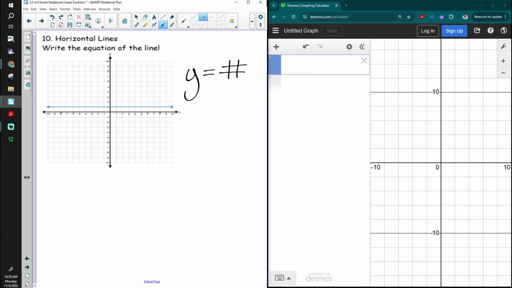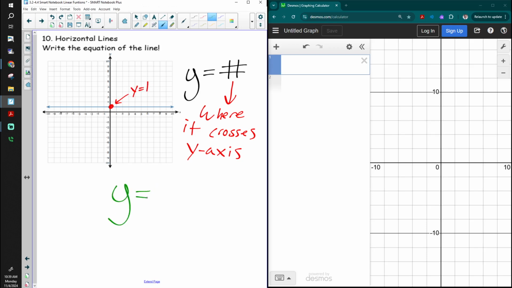So here, where it crosses the y-axis, it crosses at y equals 1. So our equation is just going to be y equals 1. That's it.